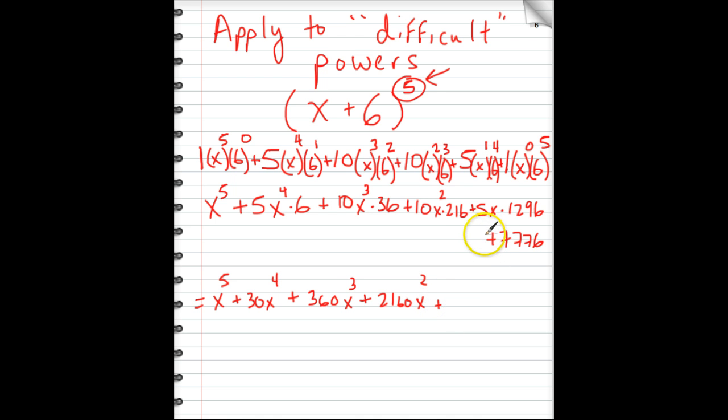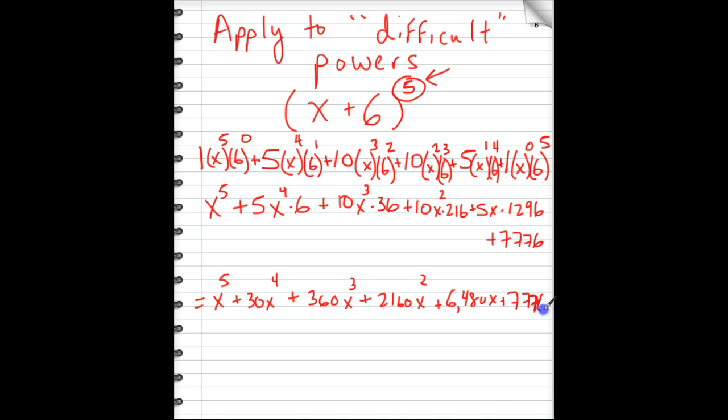Let's see, we have 5x times 1296, so that's 1296 times 5 is 6480x plus our last constant here, which is 7776.